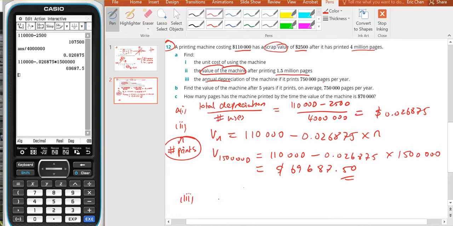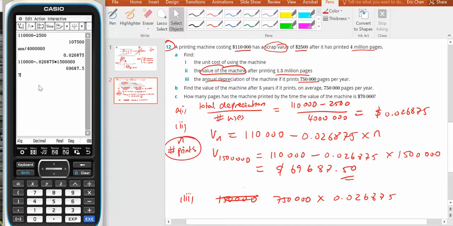So it's just 750,000 times the cost you lose per page, which is 0.026875. So the amount you lose, your D value, would be $20,156.25. Make sure you put dollar signs in.